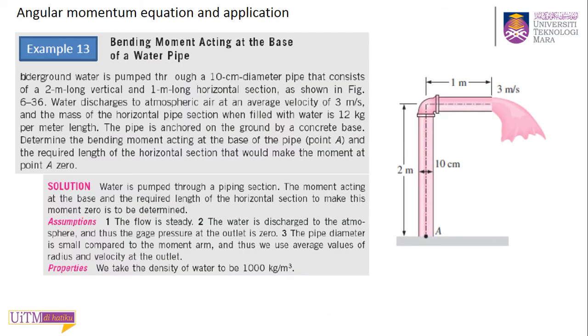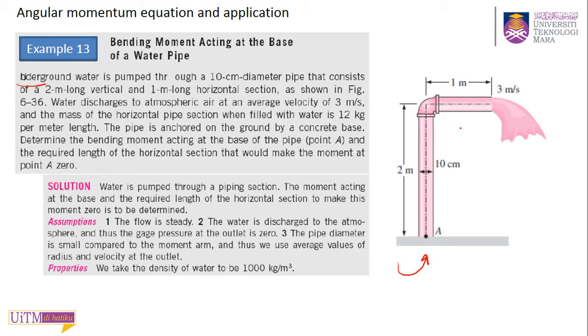We look at an example for angular momentum before we do a tutorial on linear momentum. This is underground water, coming from the underground. This underground water is pumped through a 10 cm diameter pipe.